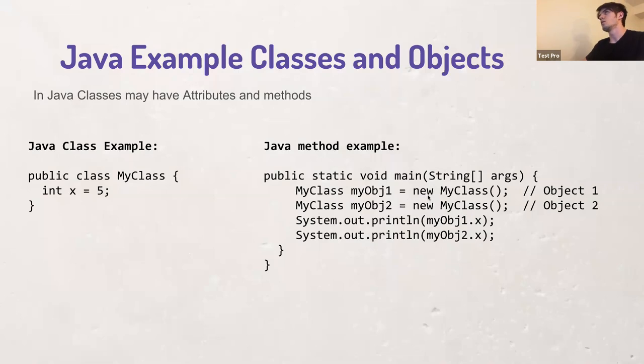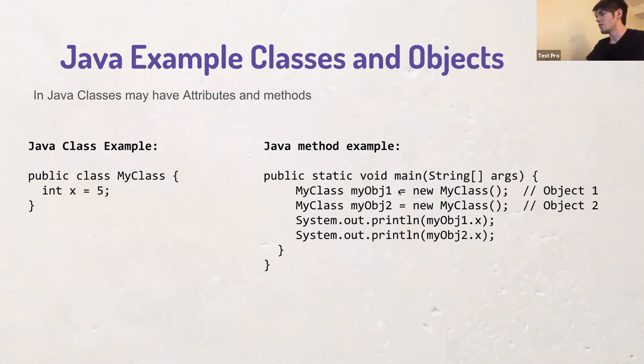By saying new, you are basically asking to allocate memory for this class, and after that you specify the class name. And there is a convention that you name your classes with a capital letter, in title case, basically.